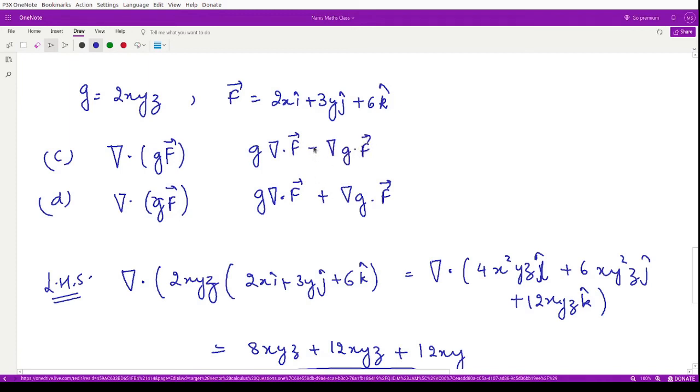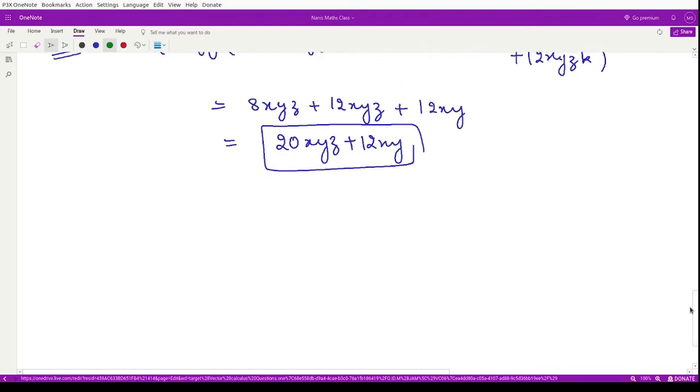So here we only have a change in sign, so let's calculate these two. So for that we are calculating g del dot F plus minus, so let's take both of the cases together. So it would be del g dot vector F.